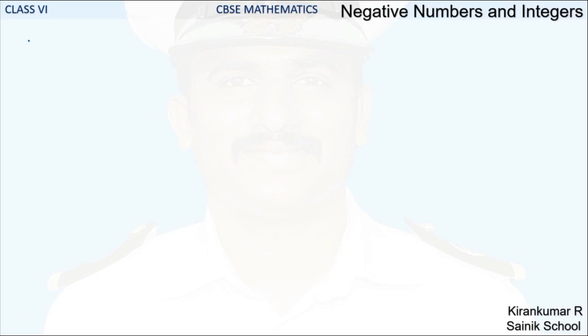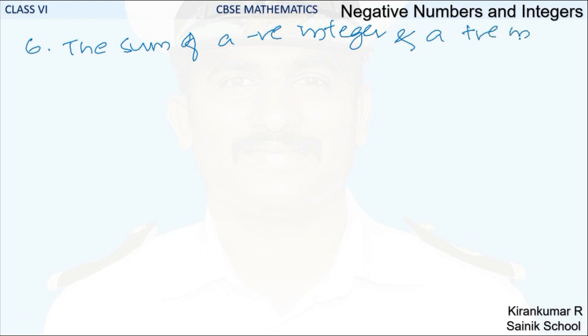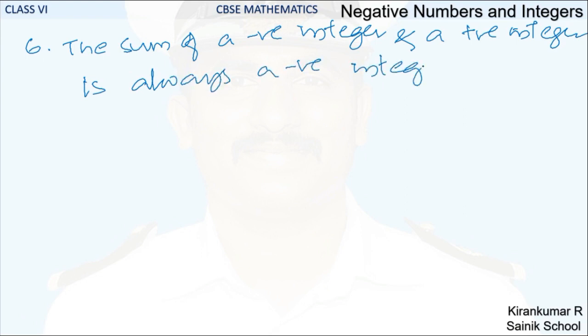Sixth statement. The sum of a negative integer and a positive integer is always a negative integer. Is this statement true or false? This statement is false.